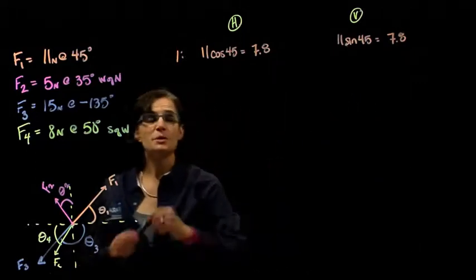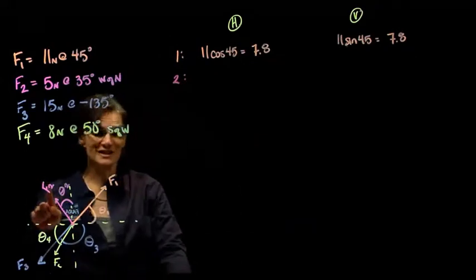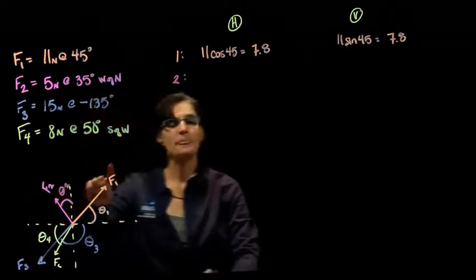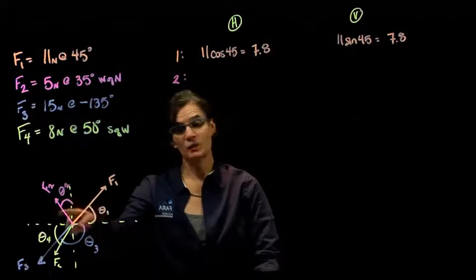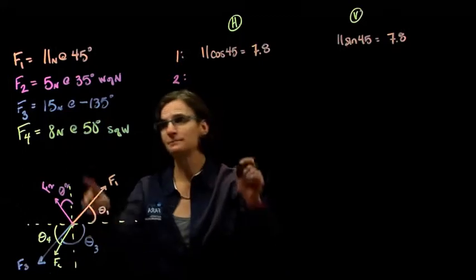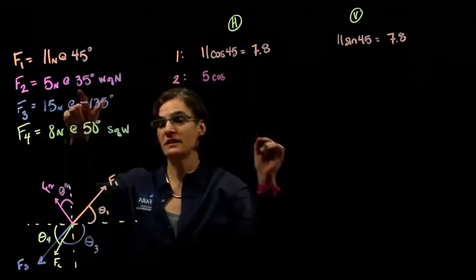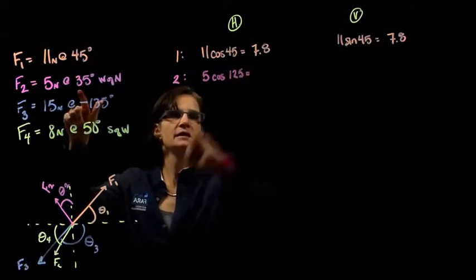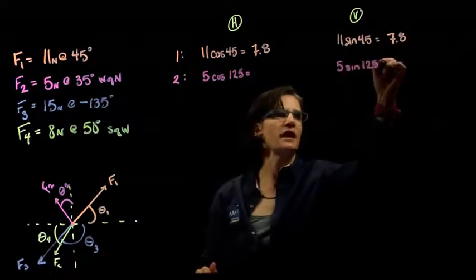Okay, force number 2. Force number 2's angle is given to me with respect to the positive y-axis. Now, there's a lot of different ways that you can do this. You can add 90 degrees to that and do it with the positive x-axis, and then have 5 times the cosine of 90 plus 35, 125, and 5 times the sine of 125.